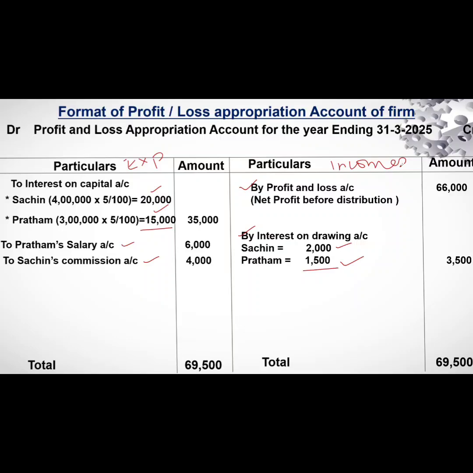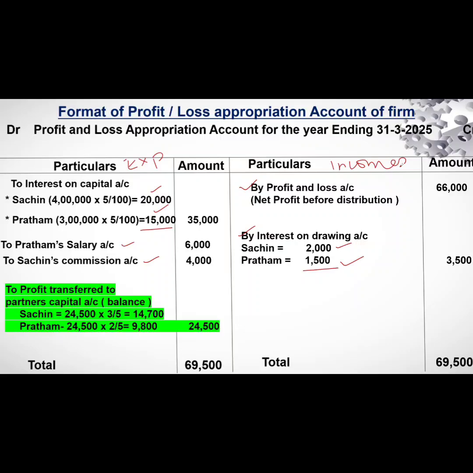The remaining balance, that is the debit side, is lesser. So the balance will be on the debit side. Since the credit side is more, it is a profit for the firm. So therefore, it is profit transferred to the partners' capital account. This will be our balancing figure, 24,500. That is the remaining profit.